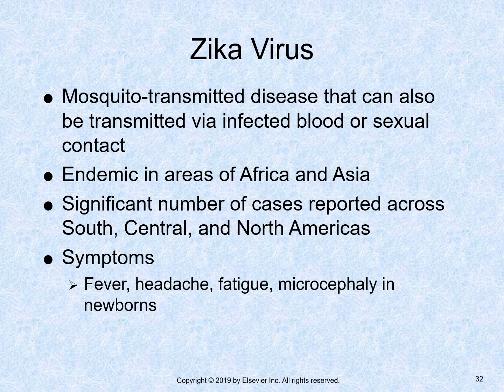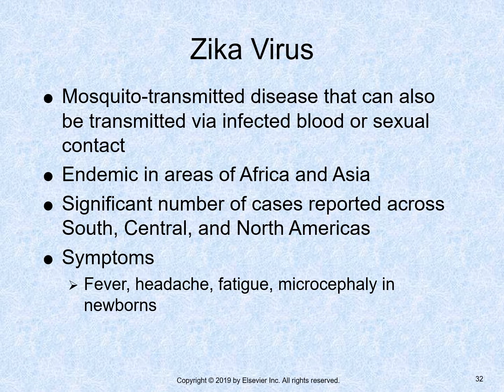Zika virus is a member of the family Flaviviridae that has been in the news more recently in the past couple of years. Zika virus is a mosquito-transmitted disease that can also be transmitted via infected blood or sexual contact. Although the textbook mentions that there was no transfer of the virus to the fetus, now it's been shown that Zika virus can have effects on the fetus and newborn if a pregnant mother is infected.